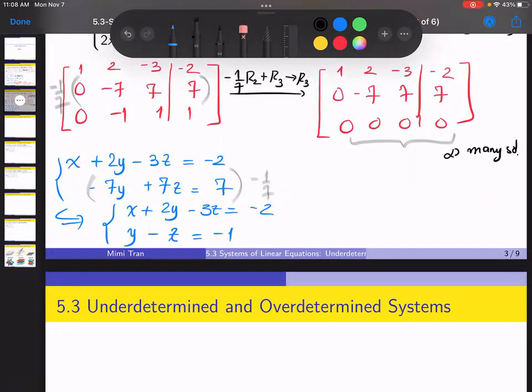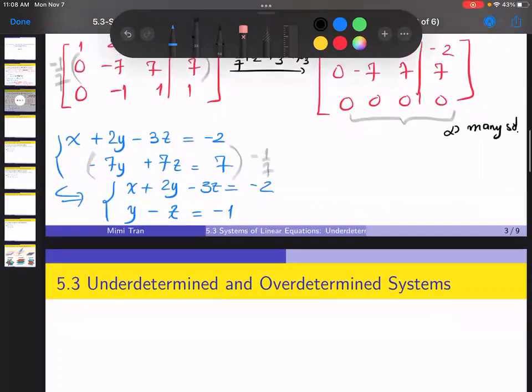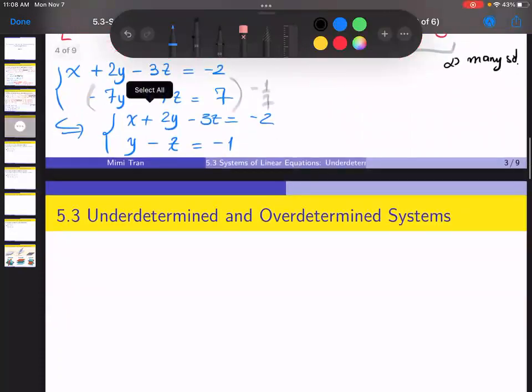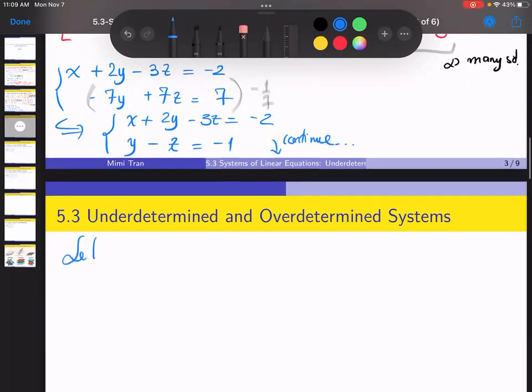All right, what do I do next? I need to solve for x, y, z, and it's infinitely many solutions. Remember the t thing? So let t equal z. Nothing wrong with letting t equal y, it doesn't matter, but I think this is just nicer.